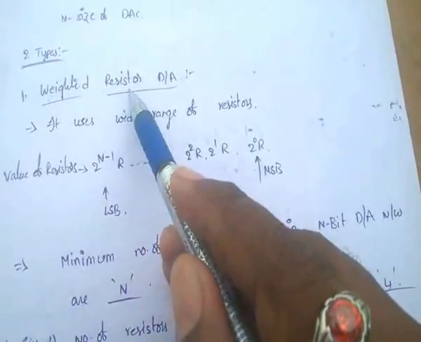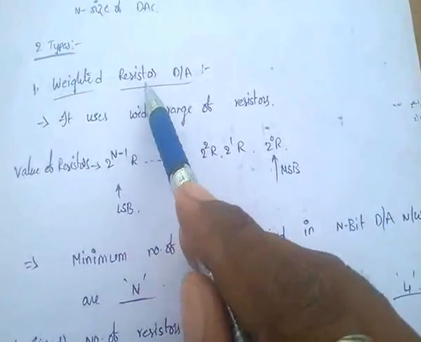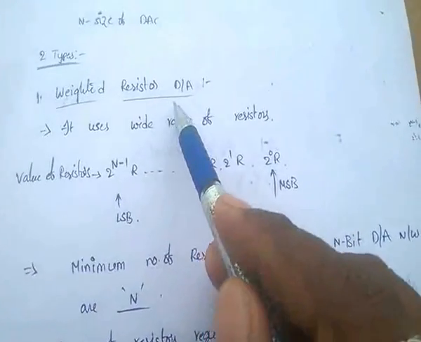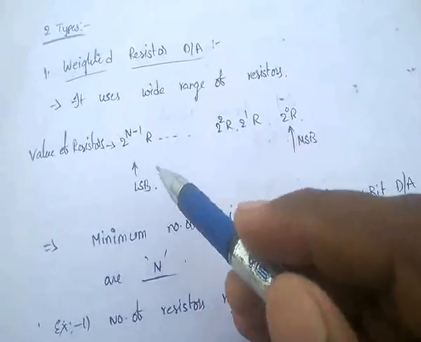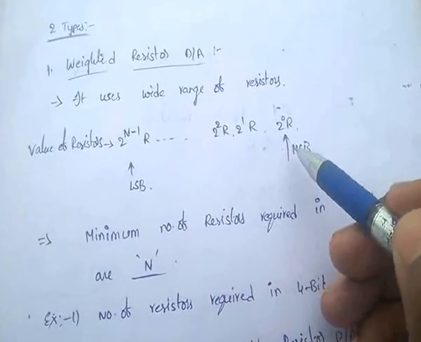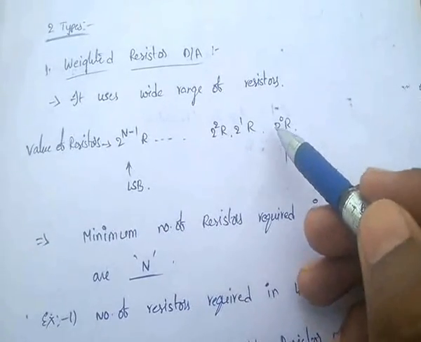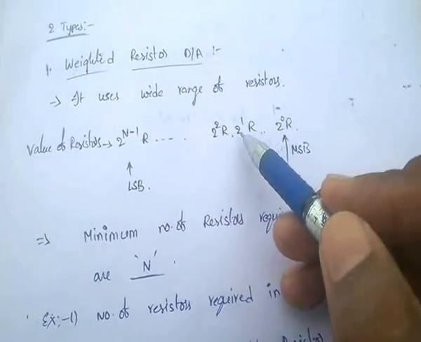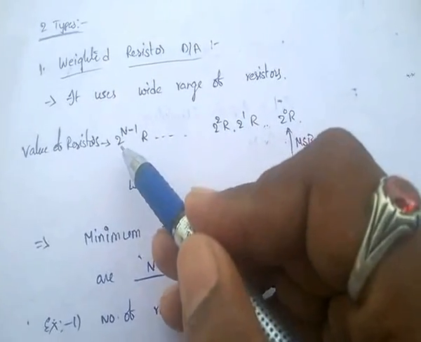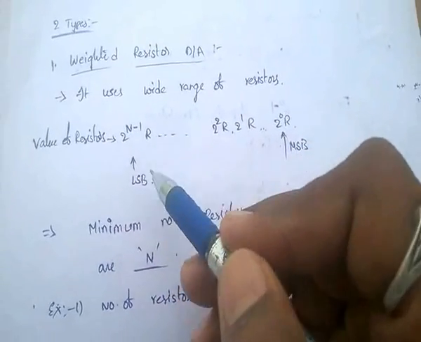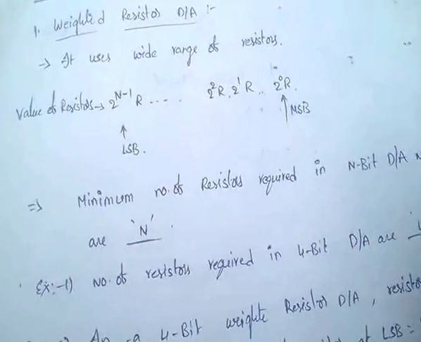Weighted resistor means it uses a wide range of resistors. The MSB is 2 power 0 R, then 2 power 1 into R, 2 square into R, and so on up to 2 power n minus 1 into R. This is the LSB.